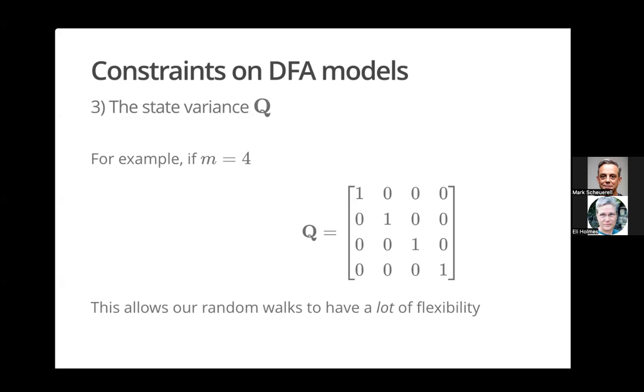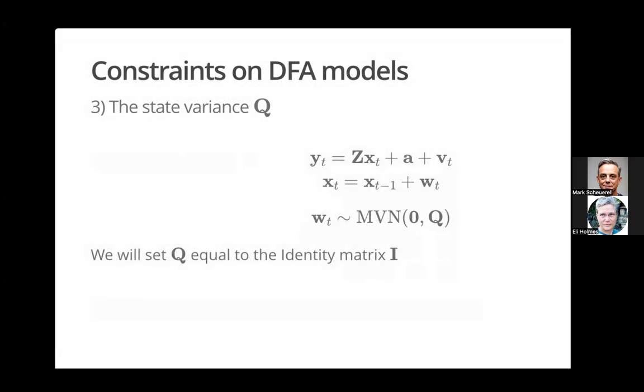Basically it becomes a scaling issue, because the variance here controls how much these things can move around, and you're going to multiply Z times this. So the combination of these two has to get you pretty close to Y. If Y is on the order of 0 to 10, and you make this on the order of minus 1 million to 1 million, these are going to have to be pretty small, because to get from 1 million down to 10, you're roughly going to have to divide by 10 to the 5th.